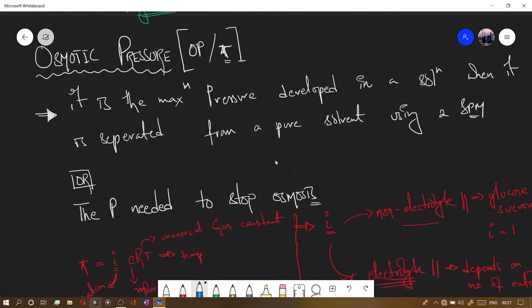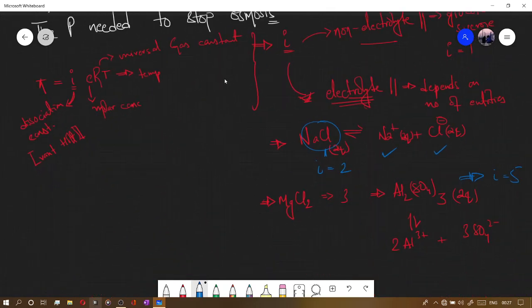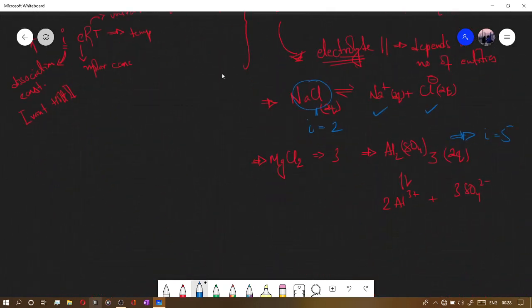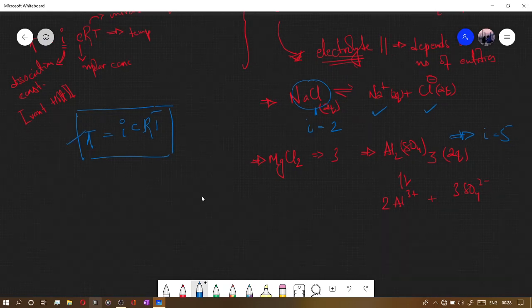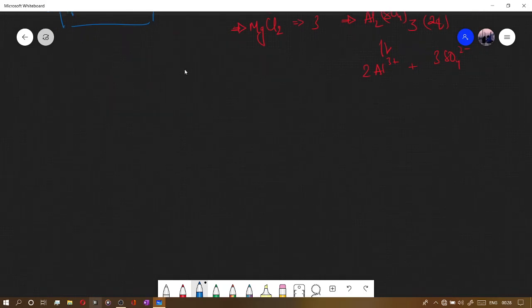It is very basic. This is just a formula: everything is based upon pi equals iCRT. It's just one formula. Don't fear, guys. Just go through this and you will be done, for bio at least.